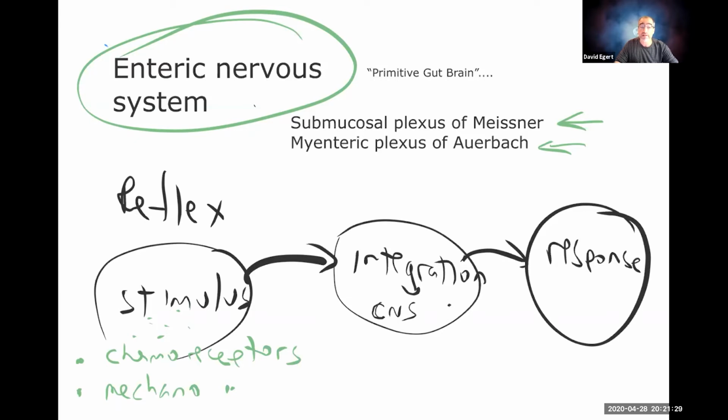Or there is still something stuck in my throat and I need to keep moving it down, because I can feel the stretch receptors are telling me that the tube is stretched out. So you have chemoreceptors, mechanoreceptors. The enteric nervous system can do this integration, and the response is going to be either some kind of muscle contraction or glandular secretion.